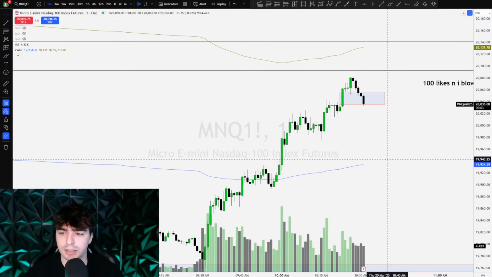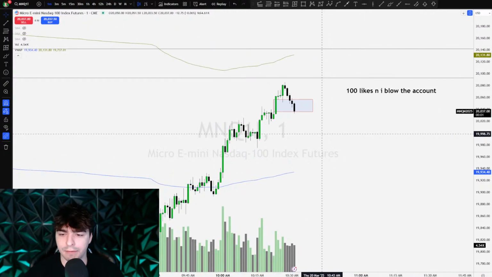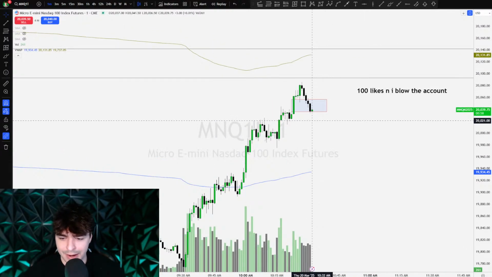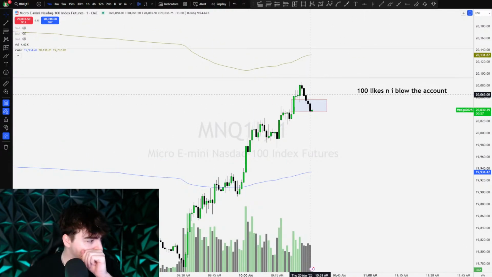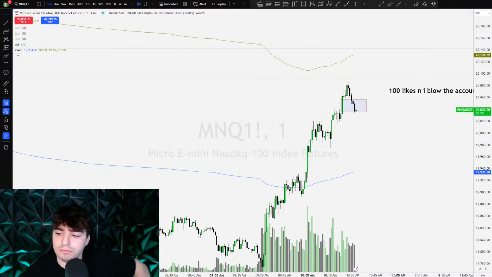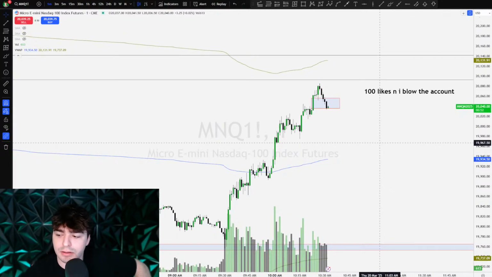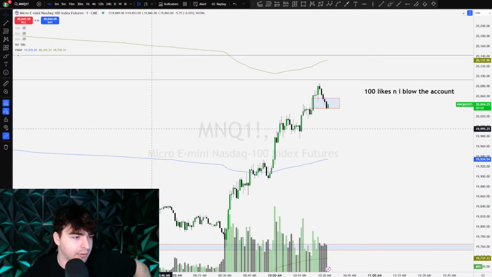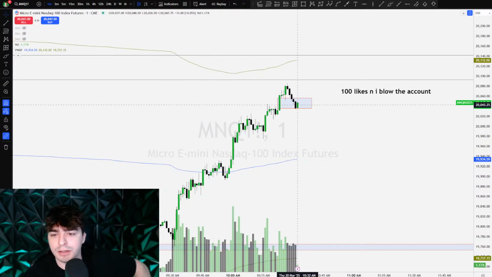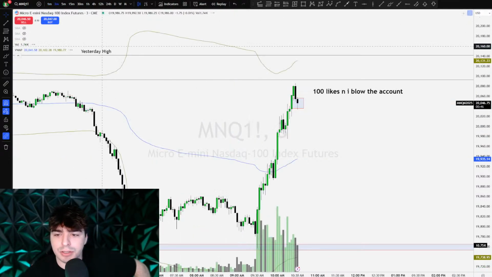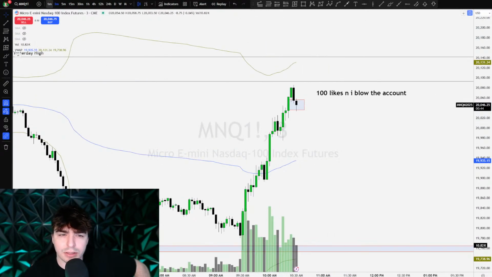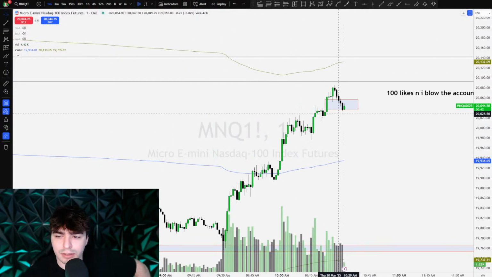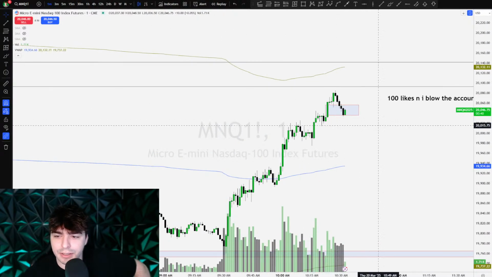So definitely slow it down. I'm just not in any position. It's almost 11, well, halfway there, 10:30. Let's see here. We've inverted this fair value gap.